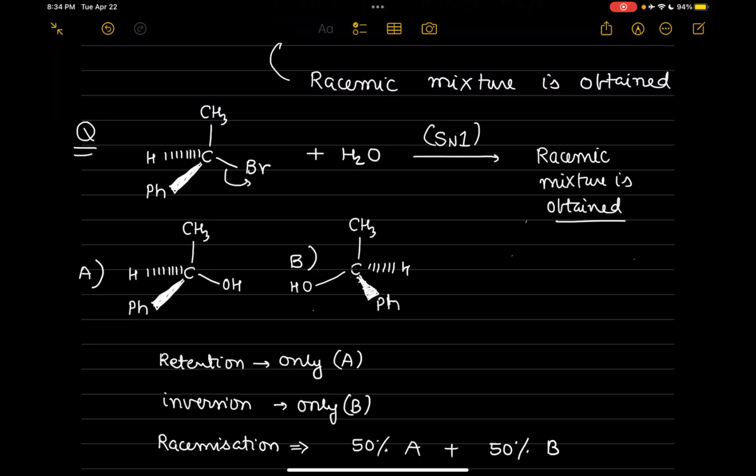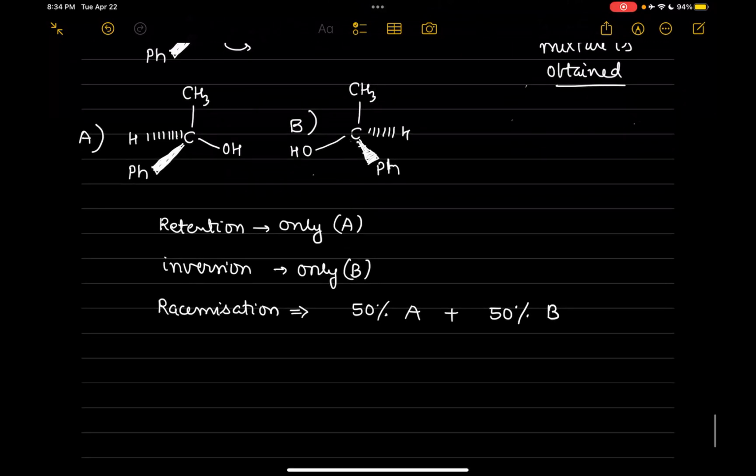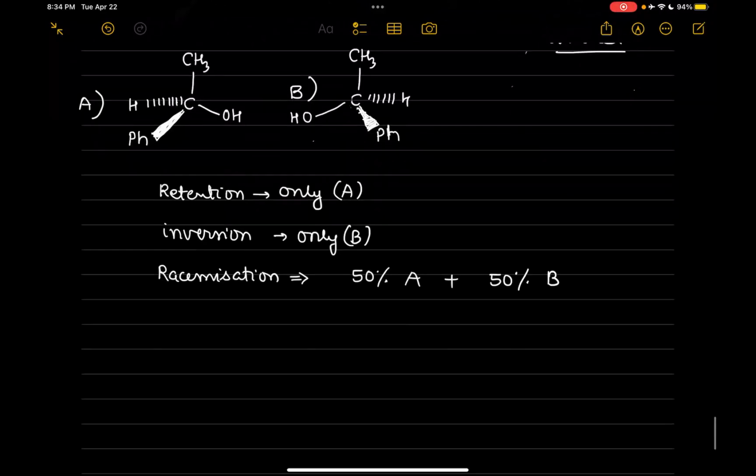SN2 is inversion. Okay, SN2 inversion. Why does SN2 inversion happen? If somebody asks you, what will you write in just a one-word statement, why inversion takes place in an SN2 reaction? Can you tell me?